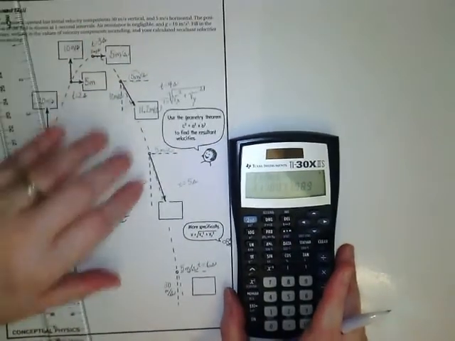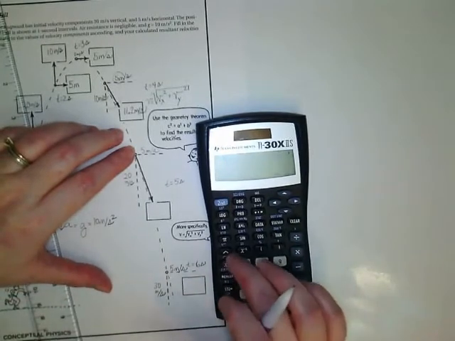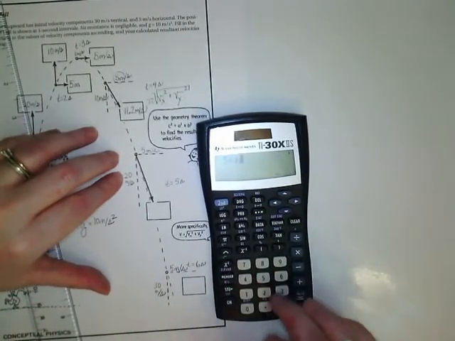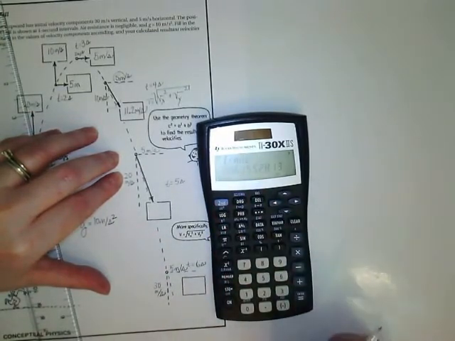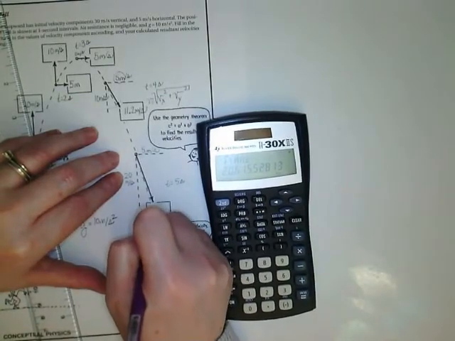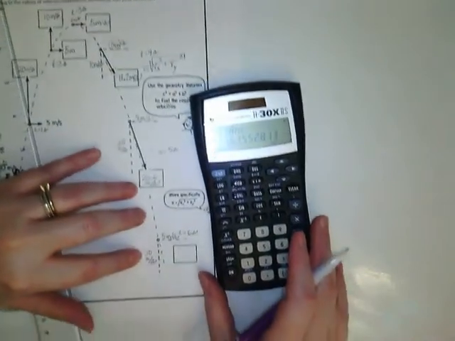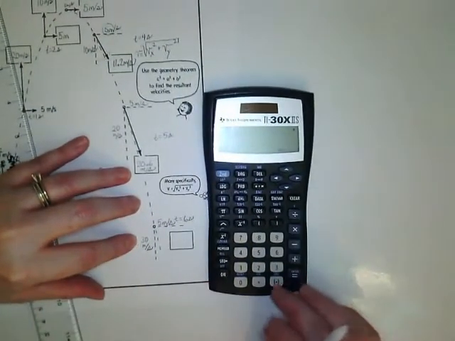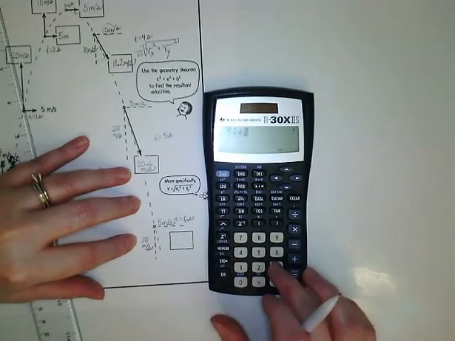So this next one here, one side is 5. The other side is 20. Then I take the square root of that answer, and I get 20.6 meters per second. This last one, one side is 5. I have to square it. The other side is 30.